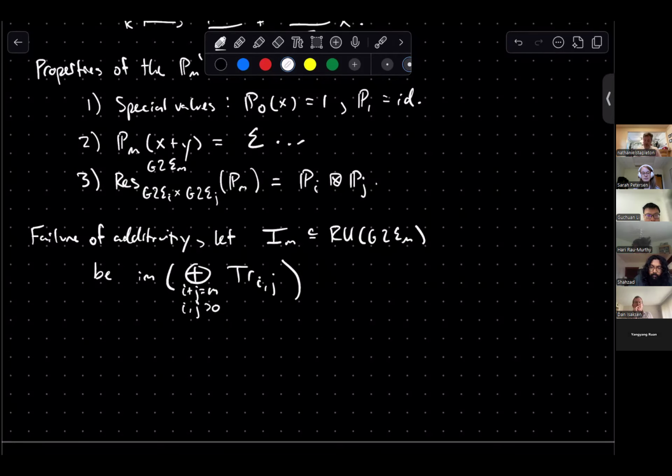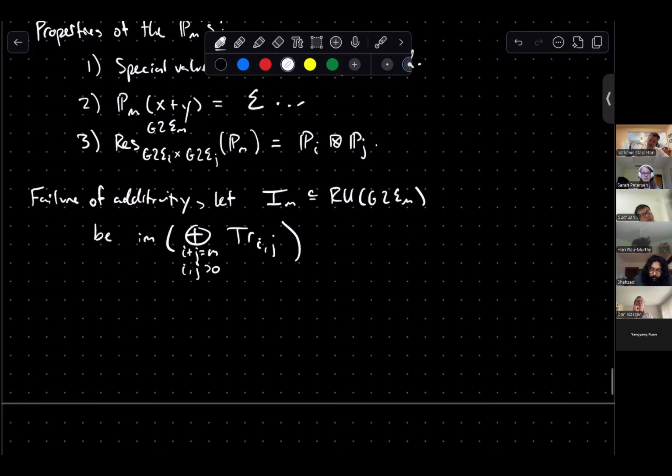So that transfer map goes from Ru of G wreath sigma I times G wreath sigma j to Ru of G wreath sigma m. We've already discussed that Frobenius reciprocity implies that that's a map of Ru of G wreath sigma m modules. And so this image is an ideal. And this is the ideal that controls additivity.